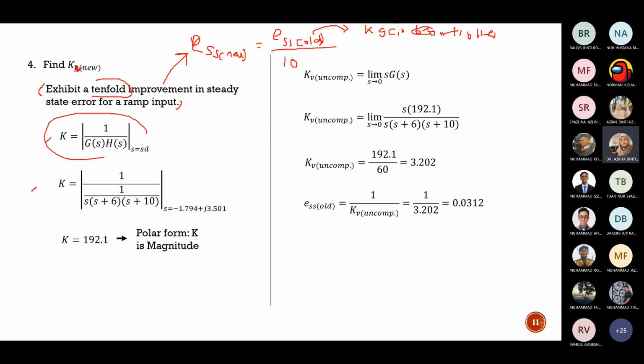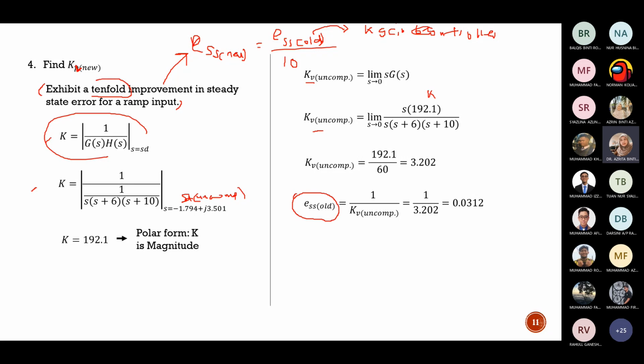So using the formula, and ST here is the ST uncompensated given in the question. Okay, so you just calculate, we get 192.1. And from here, we can obtain the KV uncompensated. KV uncompensated, so replace K with 182.1. And finally, we can find the ESS old.